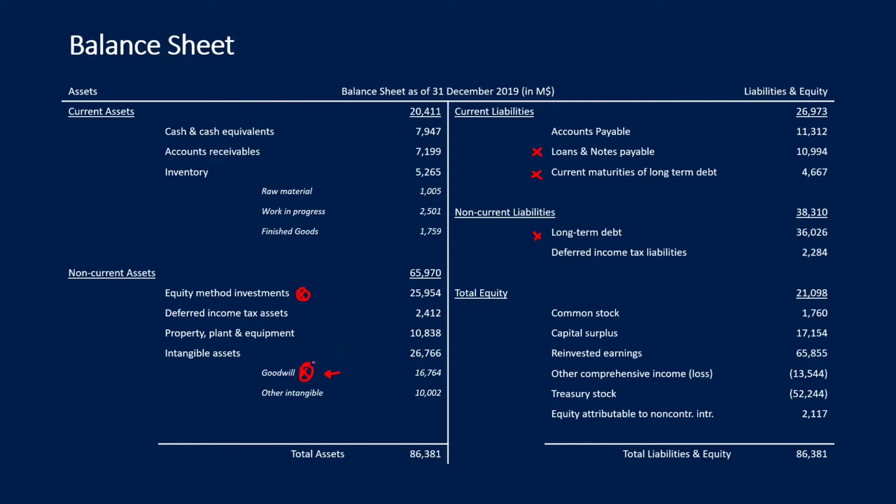So it is an intangible asset. We paid more than the book value, so it is not fully covered by book value, and everything that is not covered is shown here under goodwill. So we have to keep in mind this number and this number for our dividends, and this, and this number for our interest.